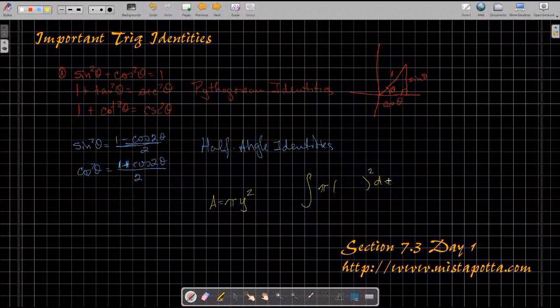And some of these trig functions are going to be a little bit difficult to integrate in this form.